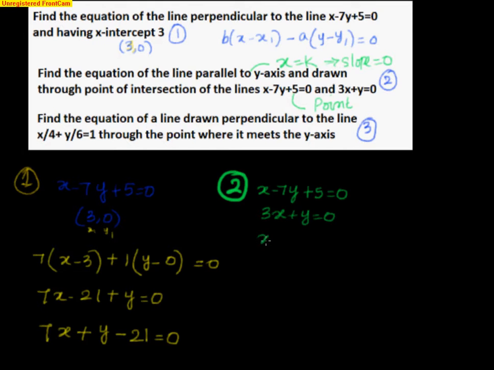Now let me take x equal to 7y minus 5 and substitute it in this equation. This becomes 3 into 7y minus 5 plus y equal to 0. That is nothing but 21y minus 5 plus y equal to 0.